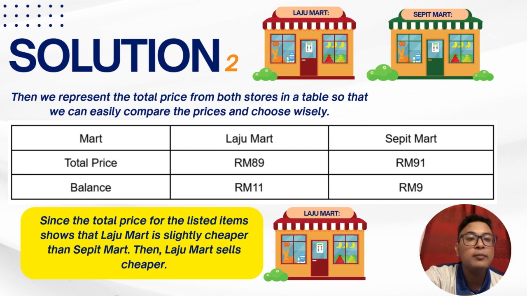From this table, we know that the total price at Laju Mic that Azlan will spend is 89 ringgit, and the balance is 11 ringgit. For Sepit Mic, the total price is 91 ringgit, and the balance that Azlan will get is 9 ringgit. Since the total price shows that Laju Mic is slightly cheaper than Sepit Mic, Laju Mic sells cheaper.